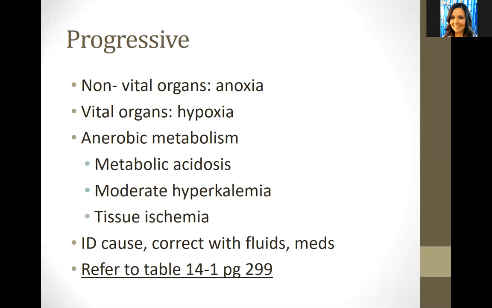We might do frequent ABGs, so we might put in an A-line. Probably going to do frequent chemistries, monitor their renal status, so their BUN and creatinine, as well as their potassium. These patients are going to need frequent assessments and vital signs. Assessments might be every 1 hour at first, to 2 hours to 4 hours. Vital signs might be every 5 to 15 minutes.